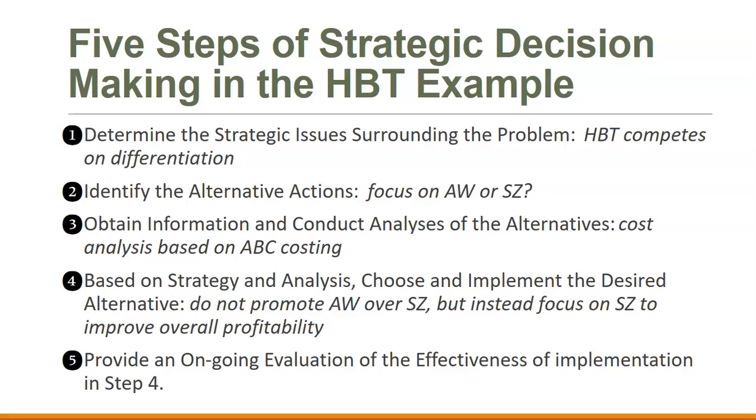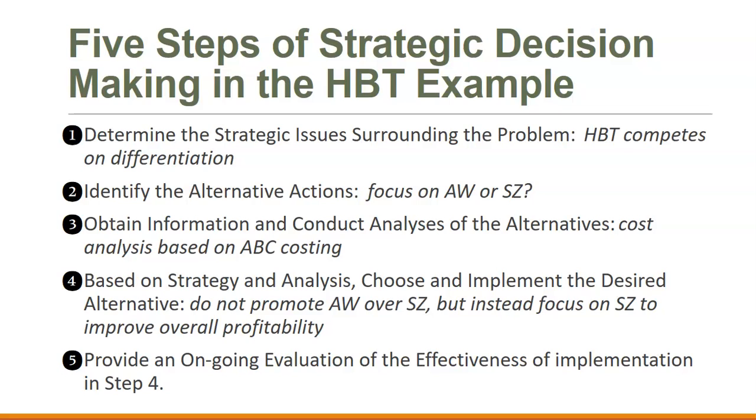So this company is trying to decide, should we focus on product AW or product SC? 3, we're going to obtain information and conduct analysis of the alternatives. So the analysis that they decided to do was a cost analysis based on switching from a single overhead rate to an activity-based costing system.